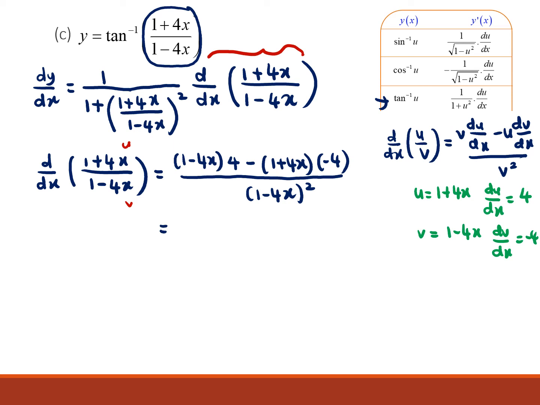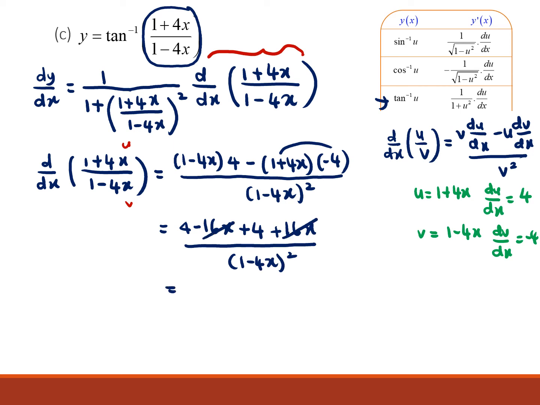So now simplify this, you will get 4 minus 16x, and here it will be plus 4 and plus 16x. So the 16x terms will be removed. So it will be 8 over (1 minus 4x) squared.